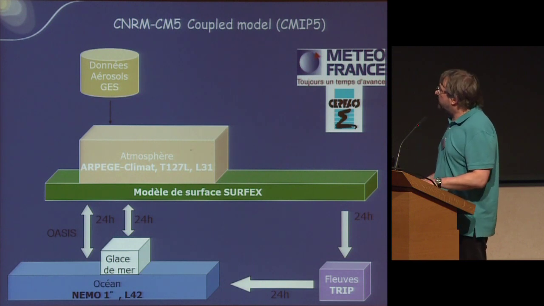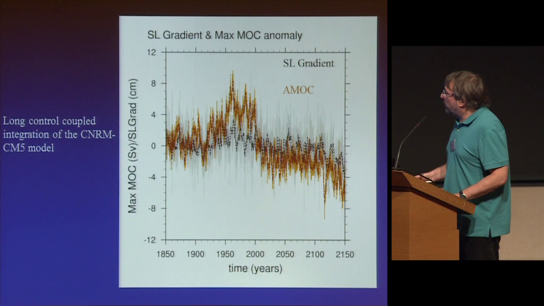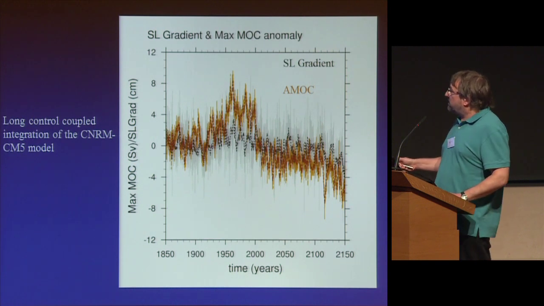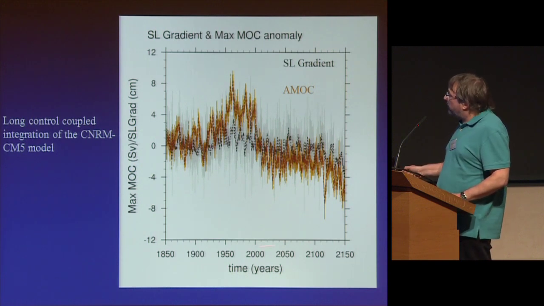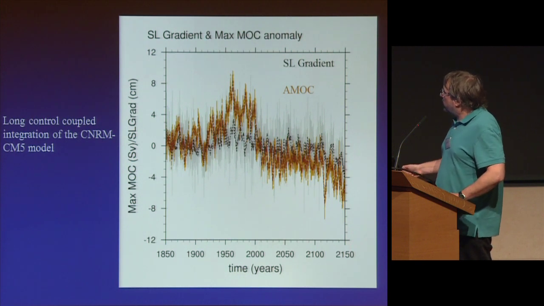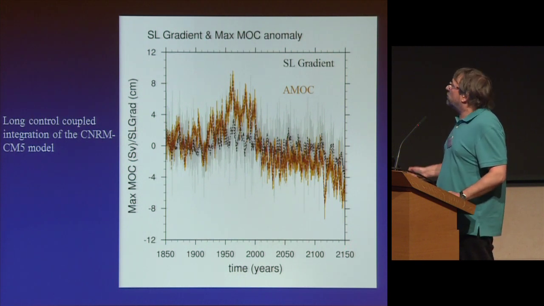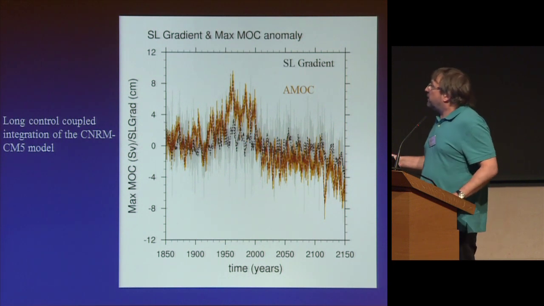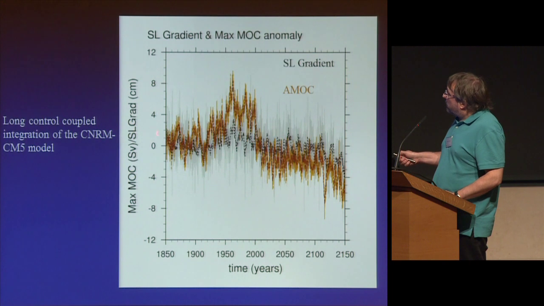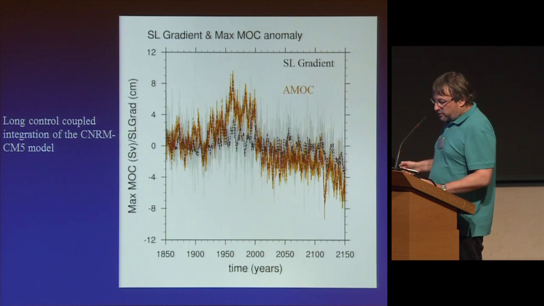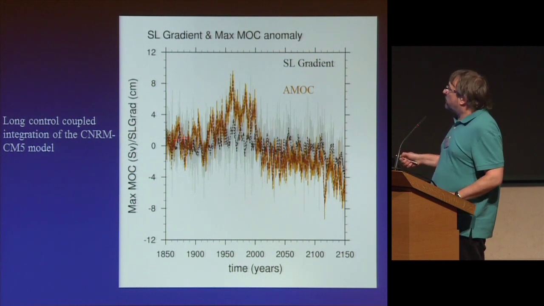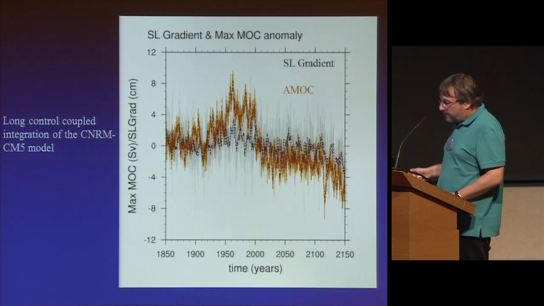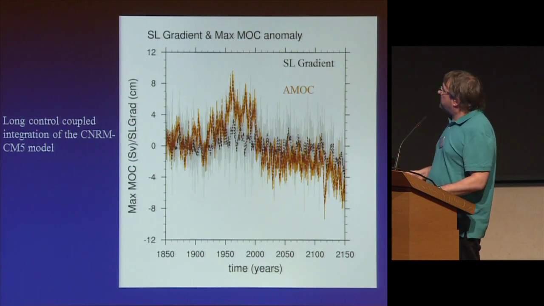We have tried to look at that in the CNRM CM5 model that was presented by David this afternoon. And what we have tried to see is that over a very long, 300-year-long integration of the model, there are some periods where this correspondence seems to be valid, and there are some shifts in the Atlantic meridional overturning circulation, and some times where this is not valid anymore.